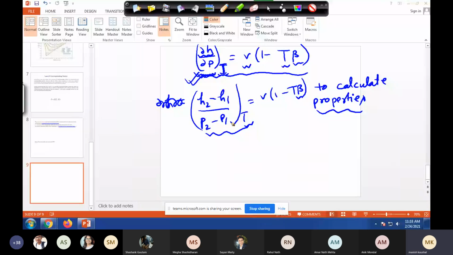Can anyone tell me what beta is for an ideal gas? I'll write the relation if you don't remember: the fractional change in volume with respect to temperature at constant P. Now check, what is beta for an ideal gas?